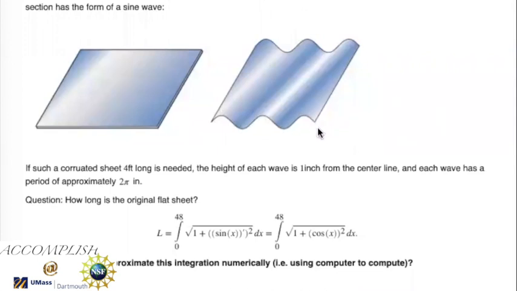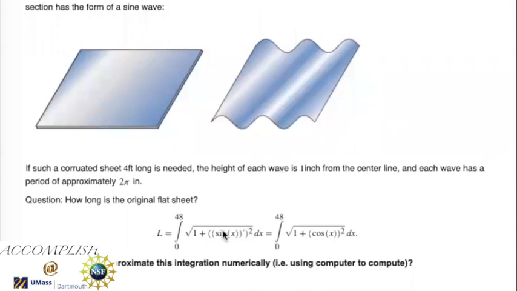It is integrating the arc length element throughout this domain, from 0 to 4 feet, or 48 inches. From calculus, we know this element is the square root of 1 plus the function's derivative squared.